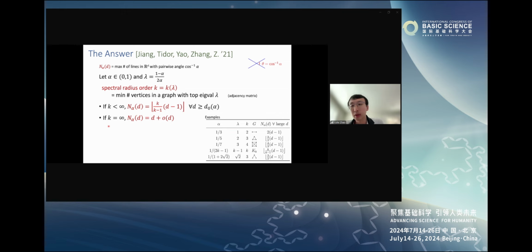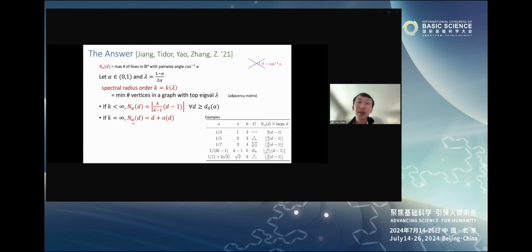There's an alternate scenario where you give me some lambda, some alpha, and there's no graph whose top eigenvalue is exactly lambda. So for example, if you give me a lambda number that is not algebraic, then there's no graph. Right? So in this case, as a matter of convention, we set k to be infinite.